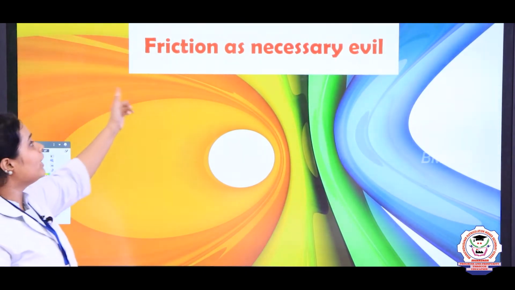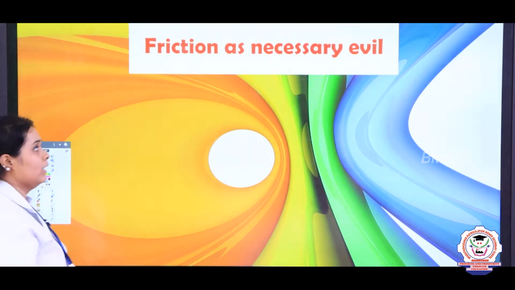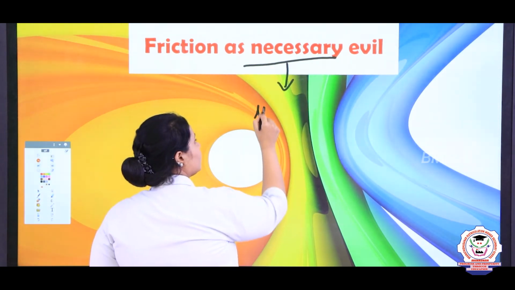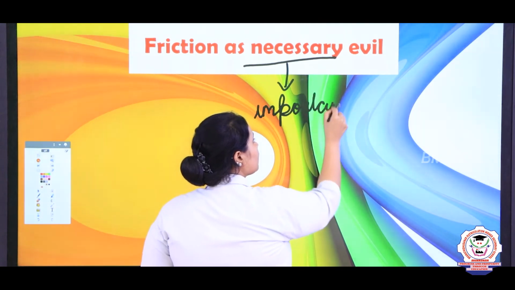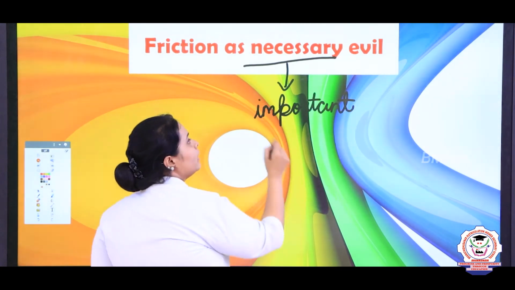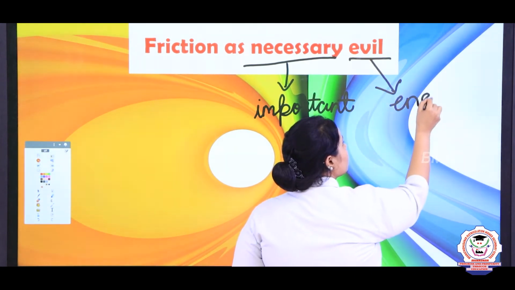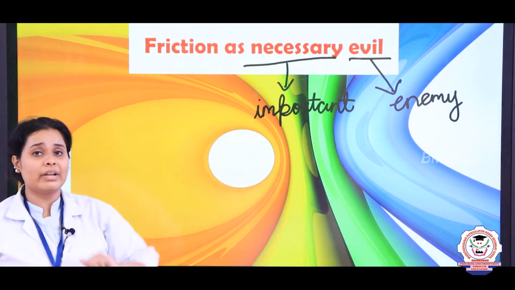Now let us see why friction is a necessary evil. So children, what does this mean? Necessary means important, and evil means enemy. So why are we saying that it is a very important enemy?